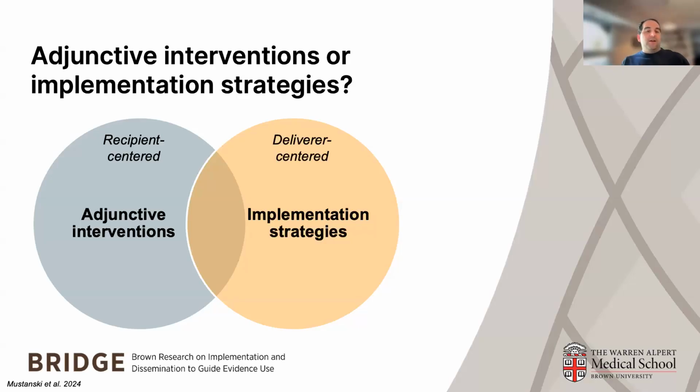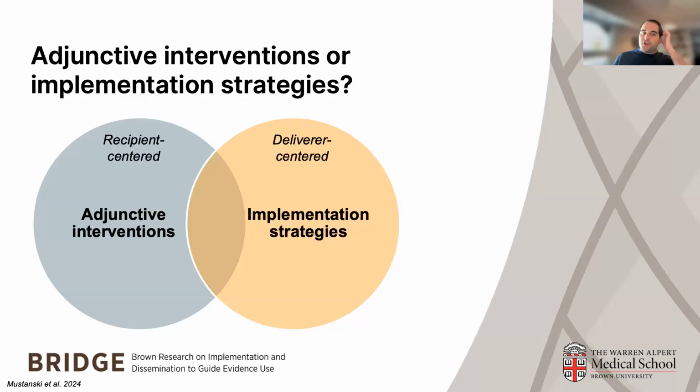Oftentimes in implementation science, strategies are really focused on the deliverer, or people that are practicing something like an evidence-based practice or intervention, to improve or make better an existing evidence-based intervention. When we talk about adjunctive interventions, it's conceptualized that these are things that help end users better engage or participate in receiving evidence-based interventions or practices.